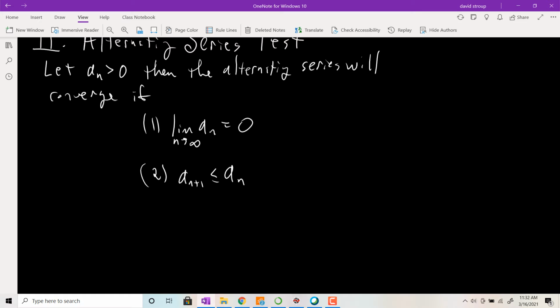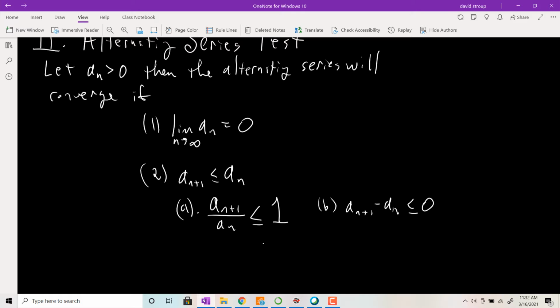In 9.1, I gave you 3 ways to do this. The first way, do a ratio of a sub n plus 1 over a sub n and show that's less than or equal to 1. The second way was to subtract. So a sub n plus 1 minus a sub n, you need to show that that's less than or equal to 0.